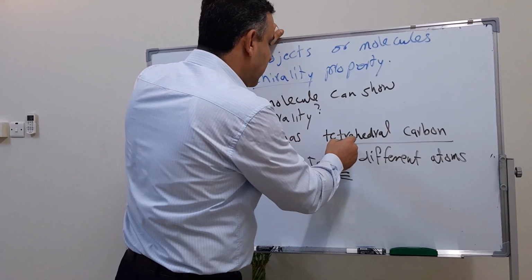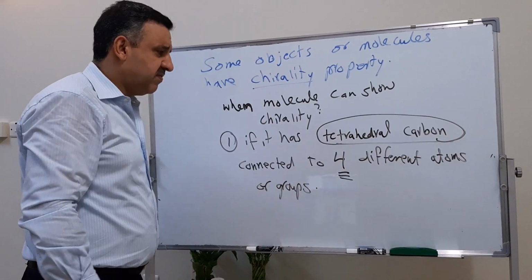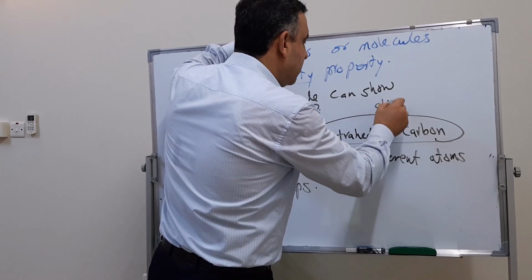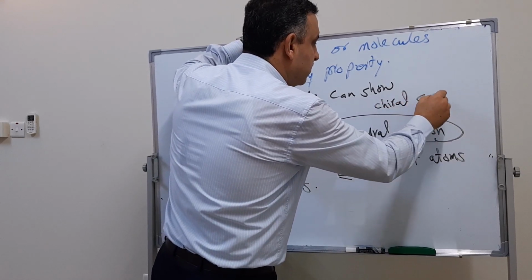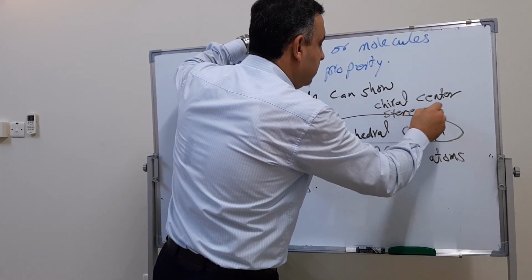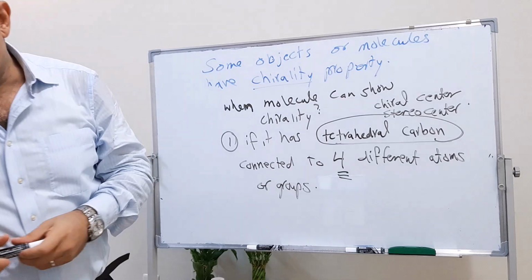This tetrahedral atom, which is connected to four different atoms or groups, is what we call a chiral center, or in some textbooks a stereocenter. So what's the chiral center in this case?